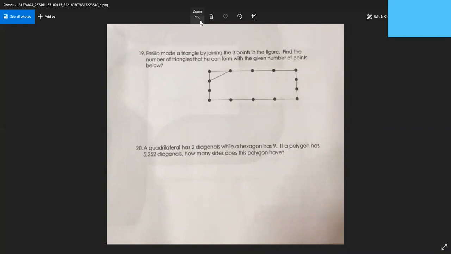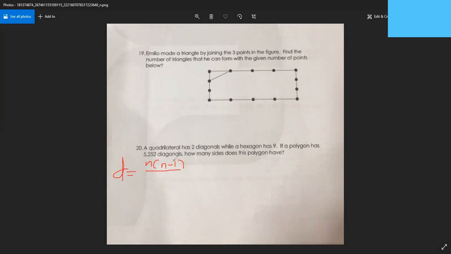So the formula for the diagonals of a polygon is D equals n times n minus 1 over, wait, it's n minus 3 pala.